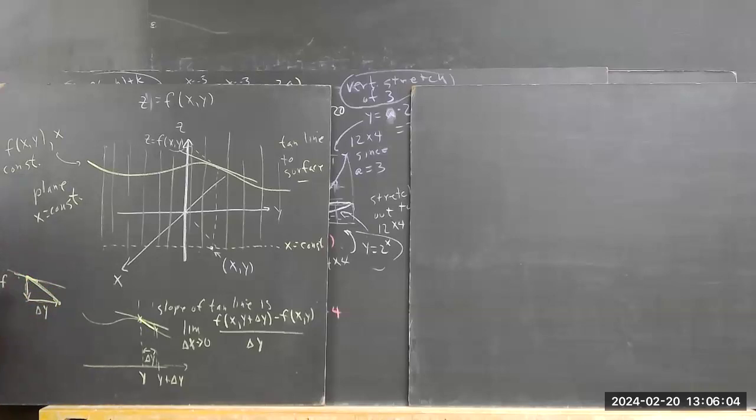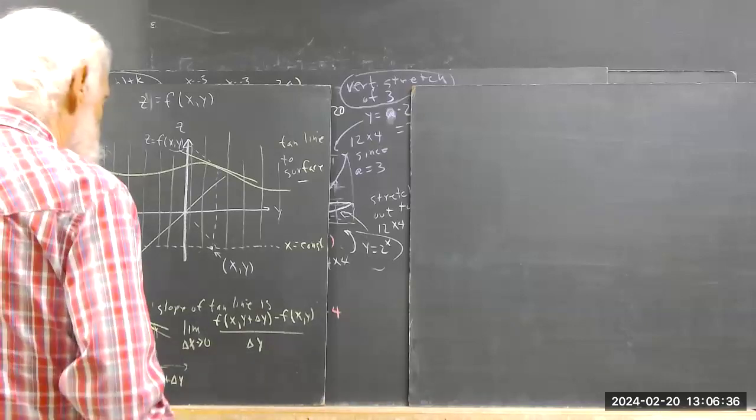So the slope of this is delta F over delta y. Okay. You have a similar triangle here that I'm not going to label, but it has a delta F, which is this vertical side, and a delta y. And the ratio of delta y to delta F is different here because this thing has some curvature. And the whole thing approaches the derivative.